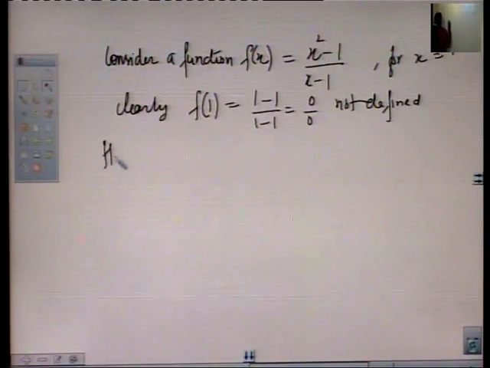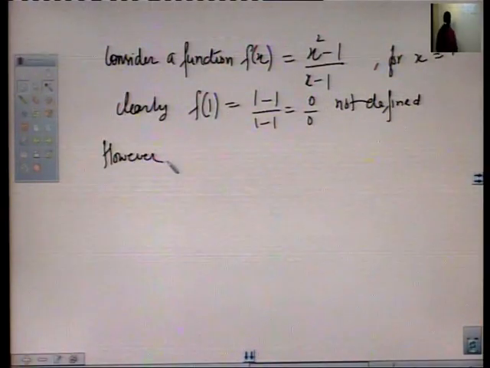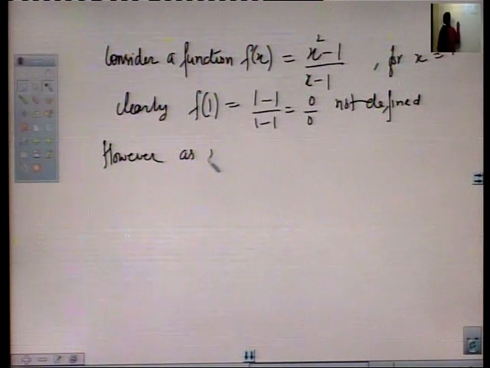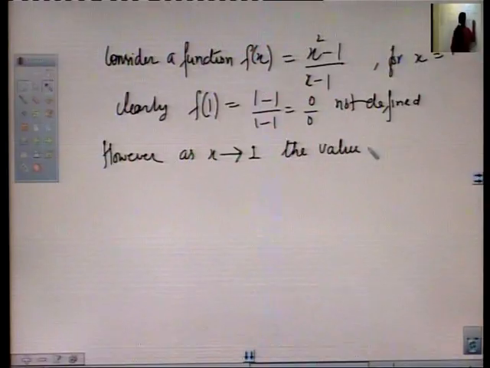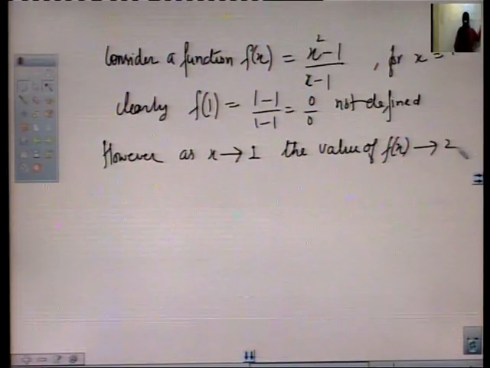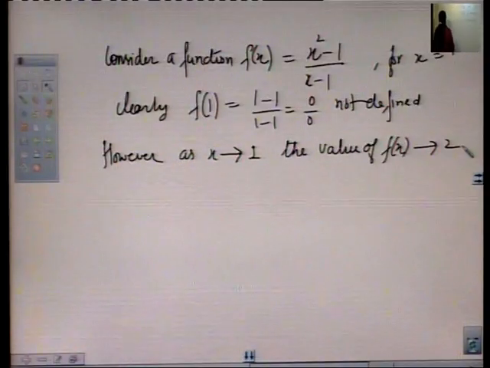However, as x approaches to 1, the value of f(x) approaches to 2.